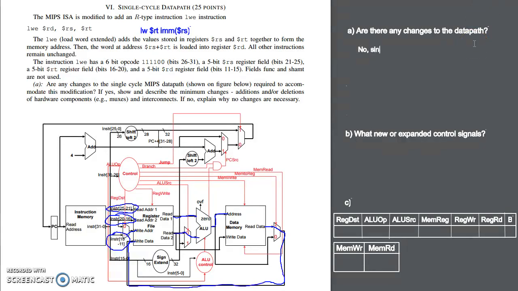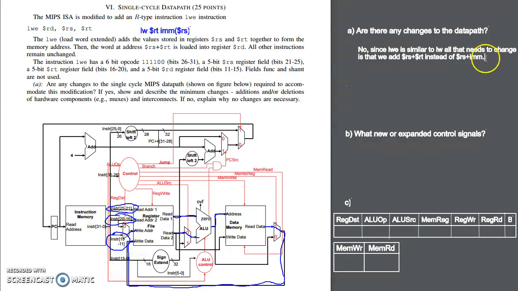Let's see. Since LWE is similar to load word, all that needs to change is that we add RS plus RT instead of RS plus the immediate value.